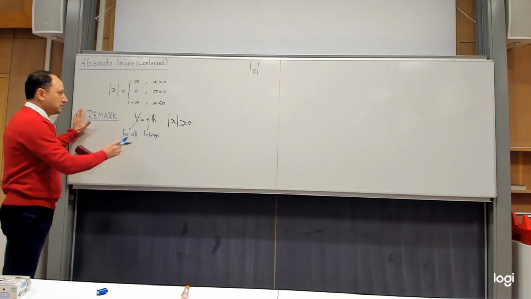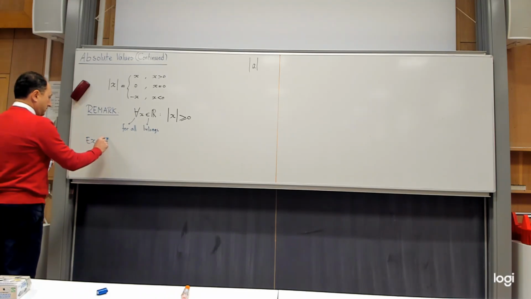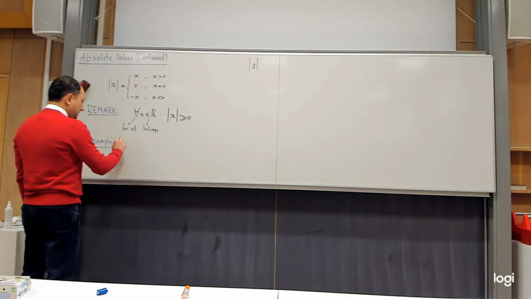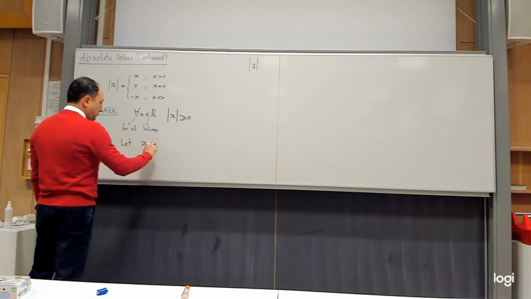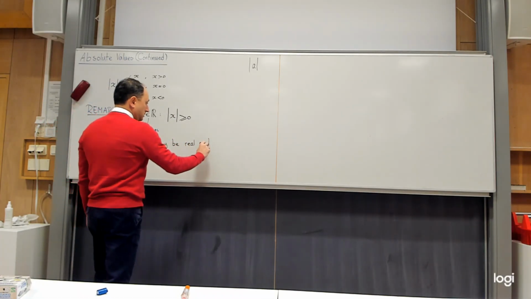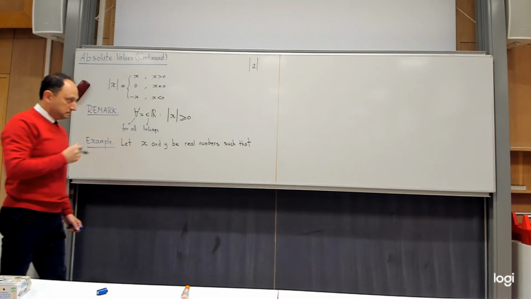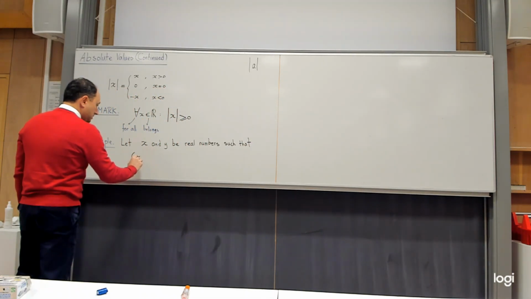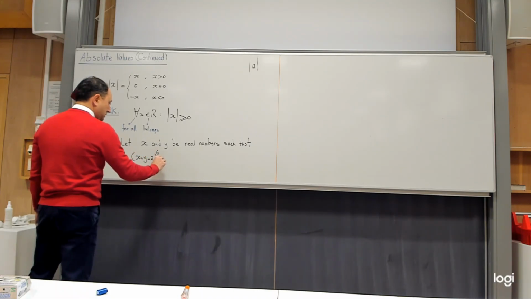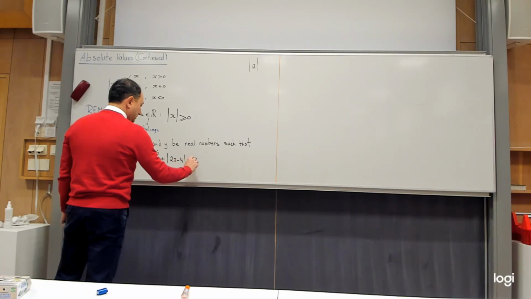So let me give you a nice problem using this idea. For example, let x and y be real numbers such that, for example, (x plus y minus 2) to the power of 6 plus absolute value of 2x minus 4 is equal to 0.